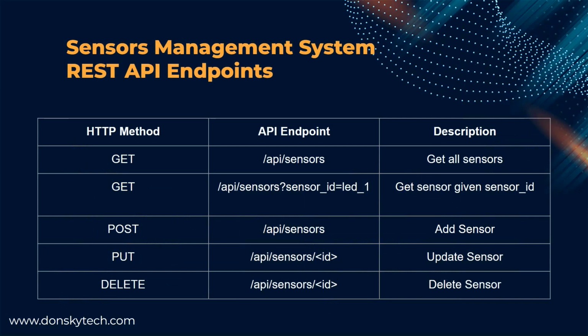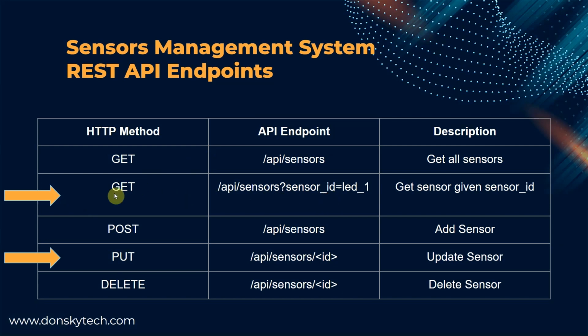In the previous video, we created REST API endpoints that will allow us to execute CRUD operations on our MongoDB database records. But for this project, we are only interested in two endpoints below, which will allow us to send a GET request to the following API endpoint, and it will return to us a JSON response.